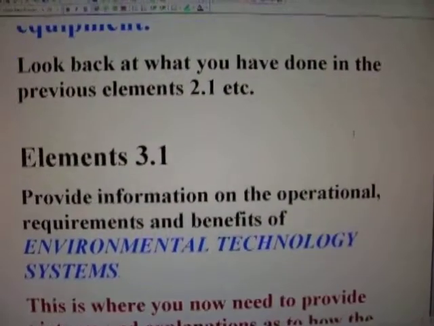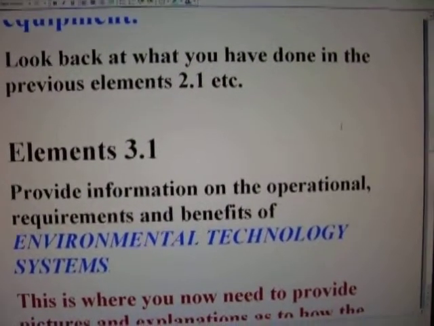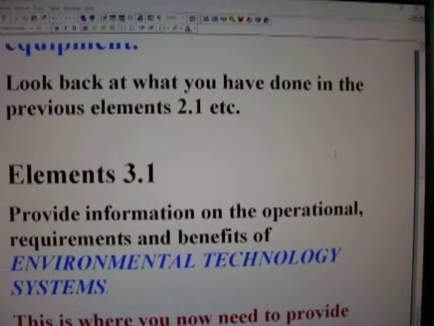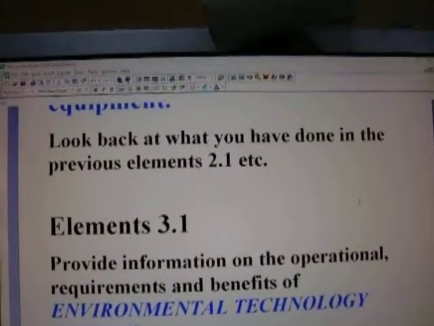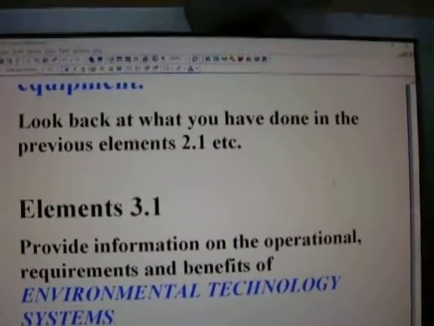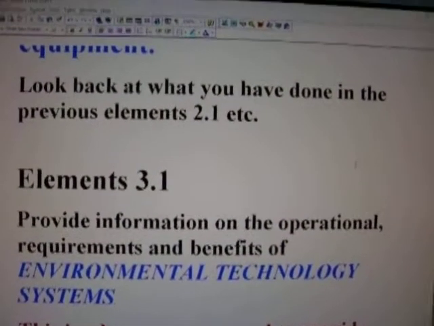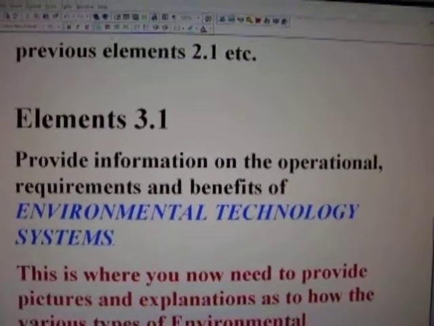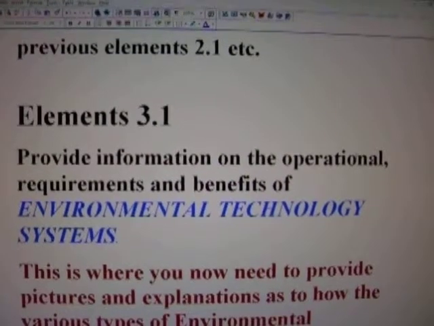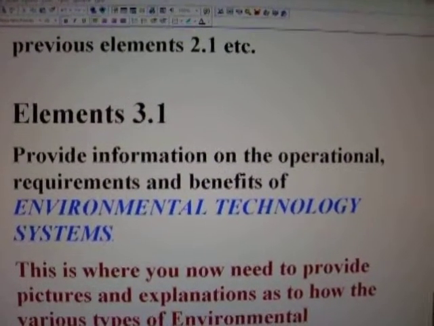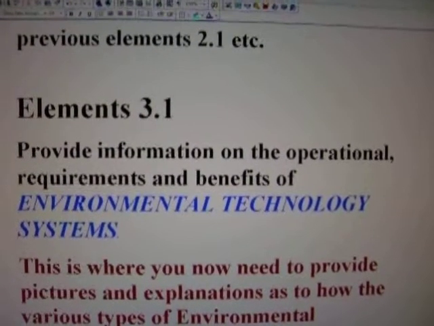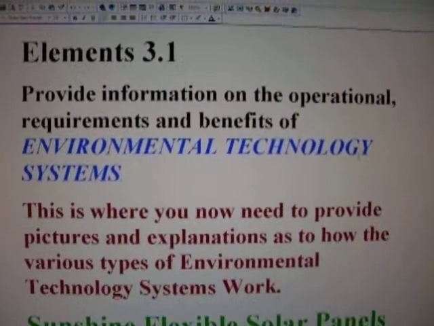Element 3.1. Okay. Now, this requires you to provide information on the operational requirements and benefits of environmental technology systems.